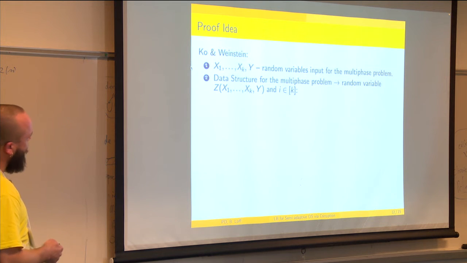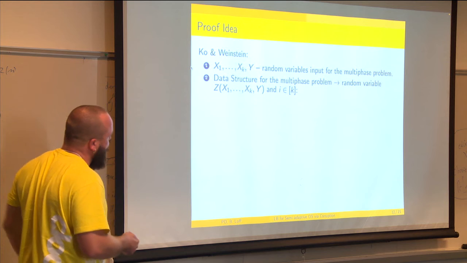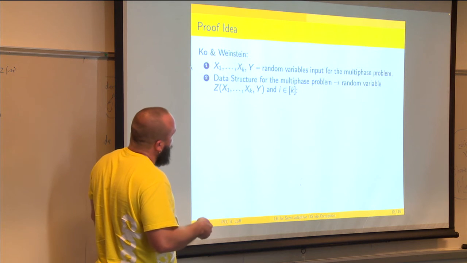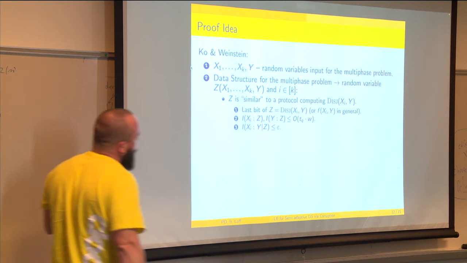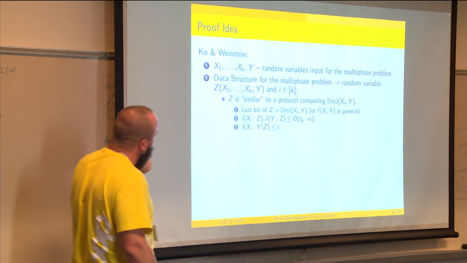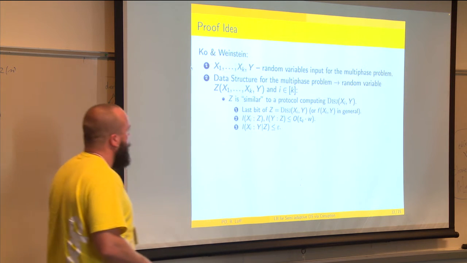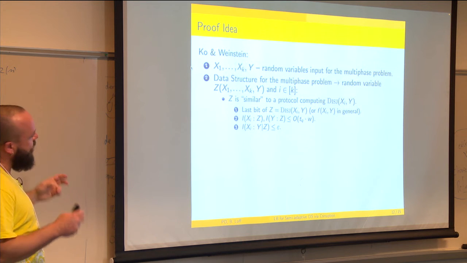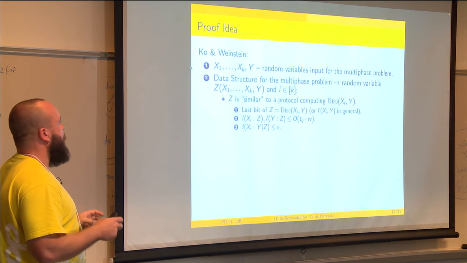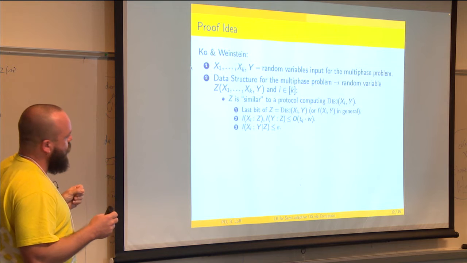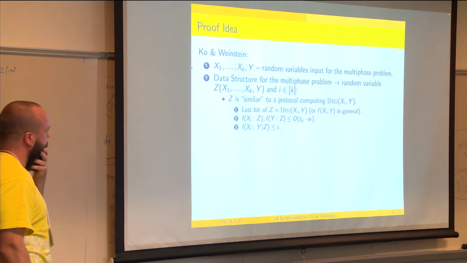I will not talk about this one, but they prove some properties about z, and basically they derive some random variable that is similar to a communication protocol.